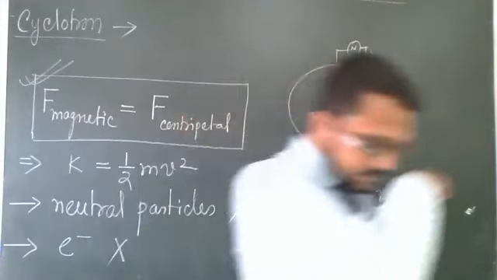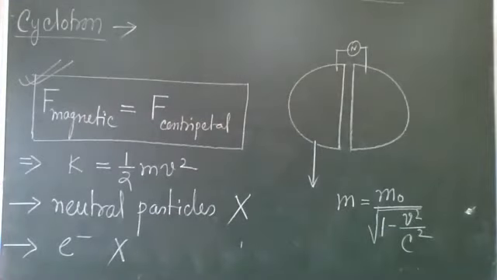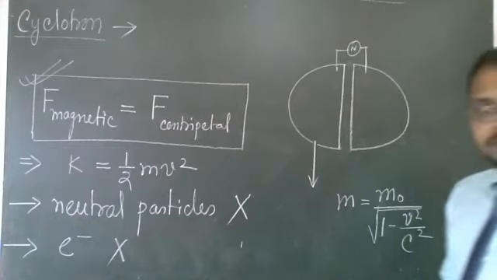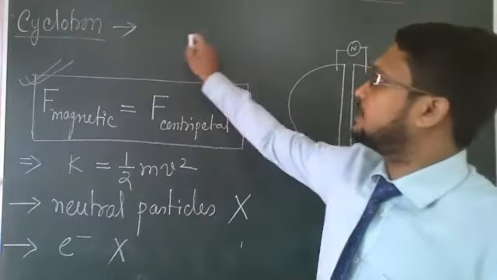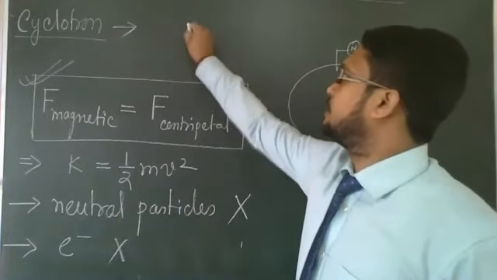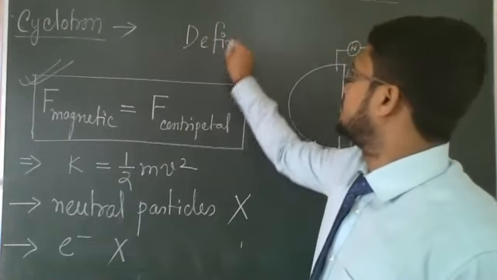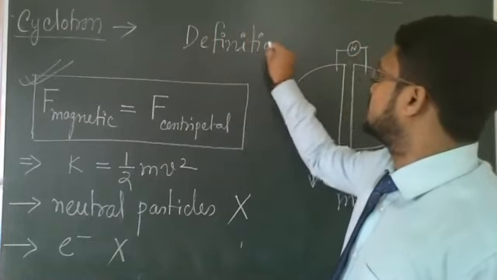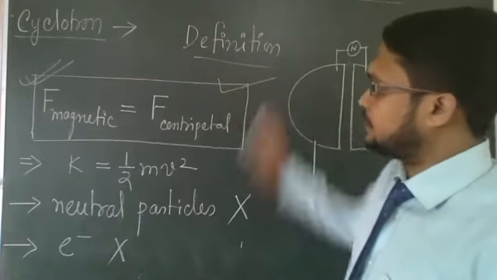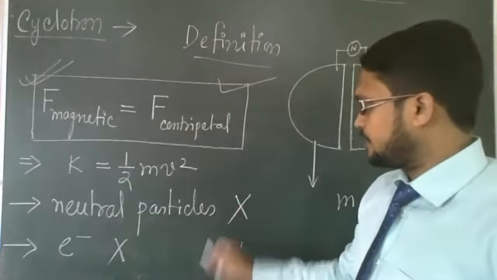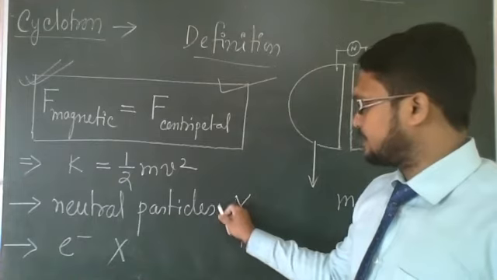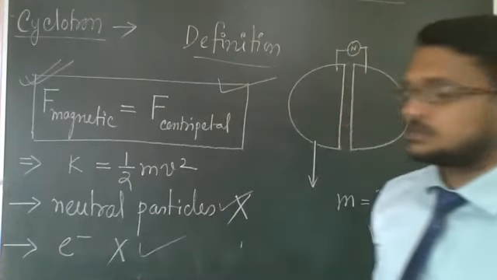Is it clear? Any query? Important points: what is a cyclotron, its definition; second is the principle; third, which kind of particles are not used in the cyclotron for acceleration? Neutral particles and electrons.